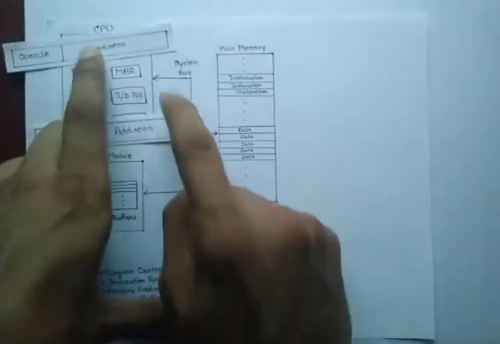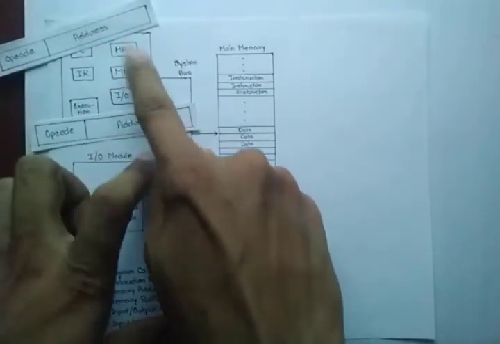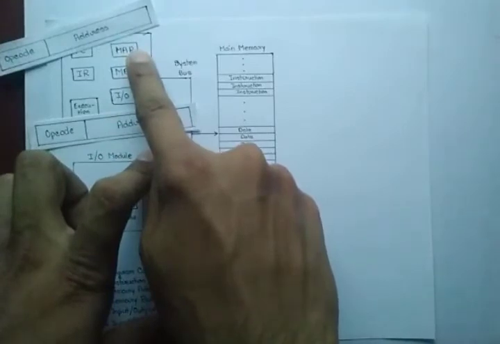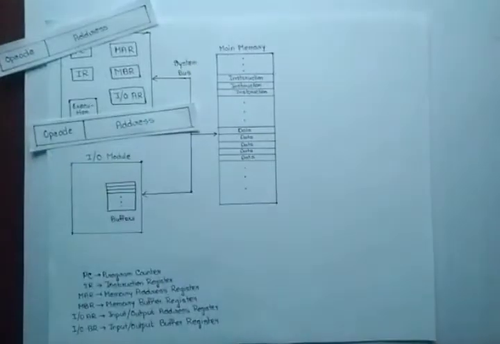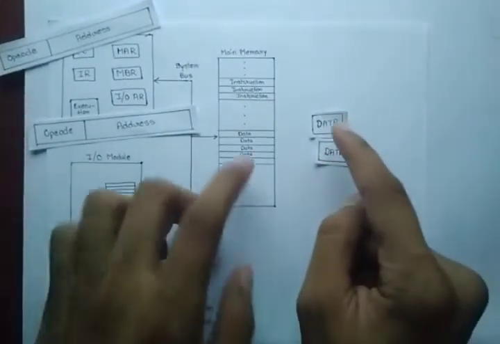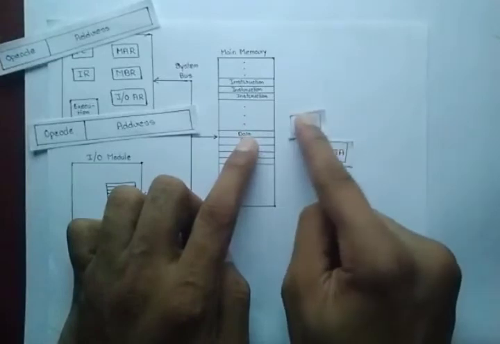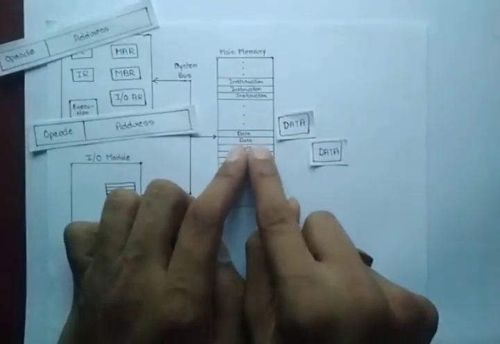So the MBR goes to the MAR and gets the addresses of the two data items which are stored inside the main memory. Let's say these are the two data items which need to be fetched, and they reside over here: this data is at this address and this data is at this address.